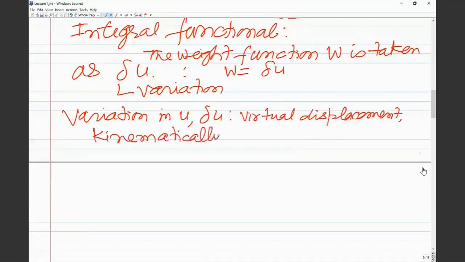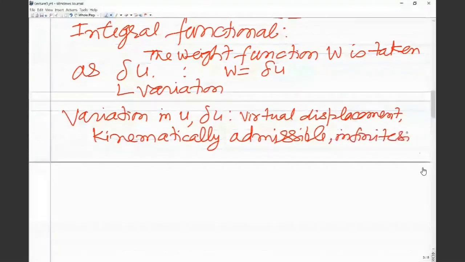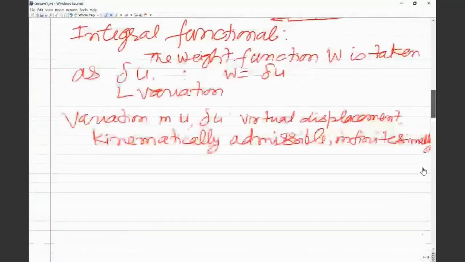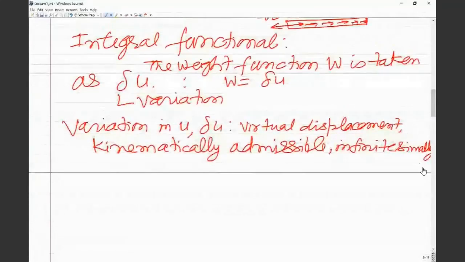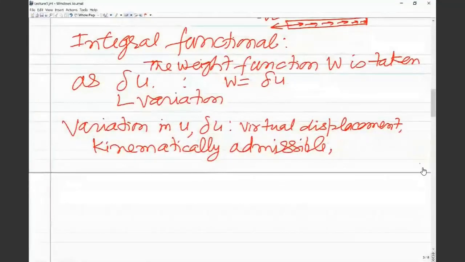Kinematically admissible, and infinitesimally small. So these are the three things.